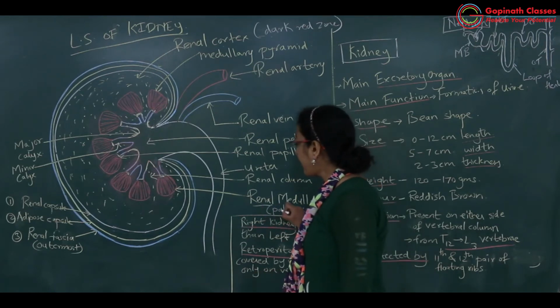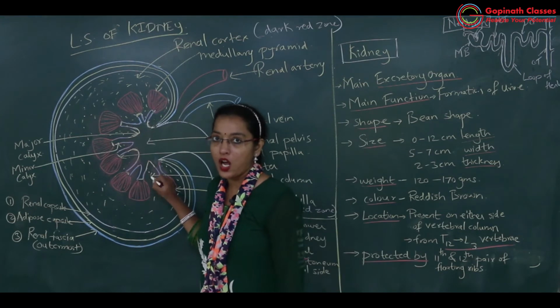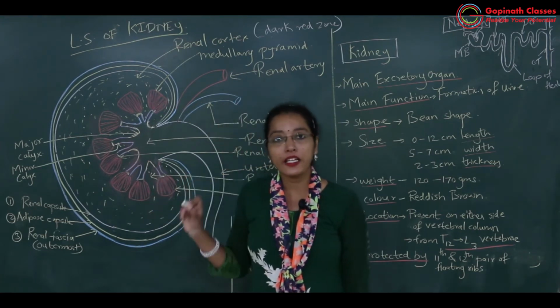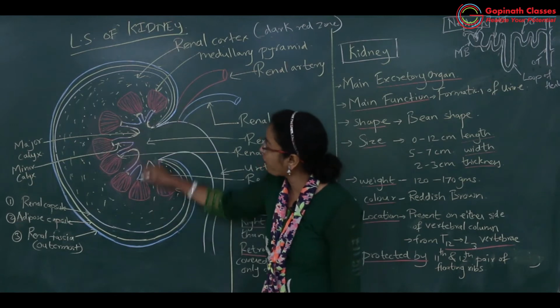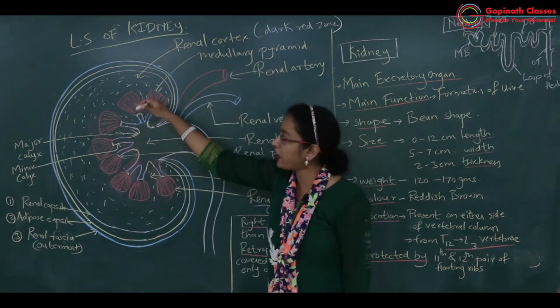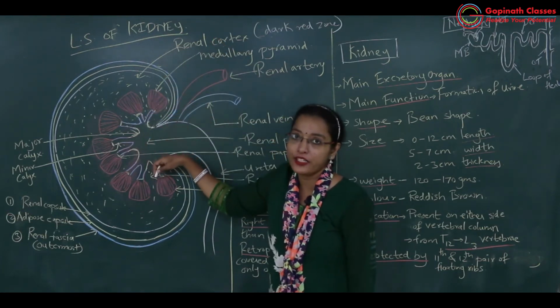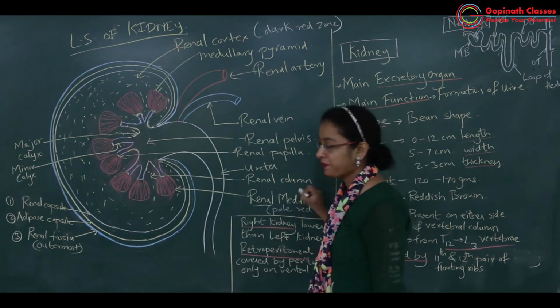So the pale red zone of the kidney is the renal medulla, and the dark red color of the kidney is because of the renal cortex. The renal cortex is the outer part, and the inside of the kidney consists of the renal medulla.